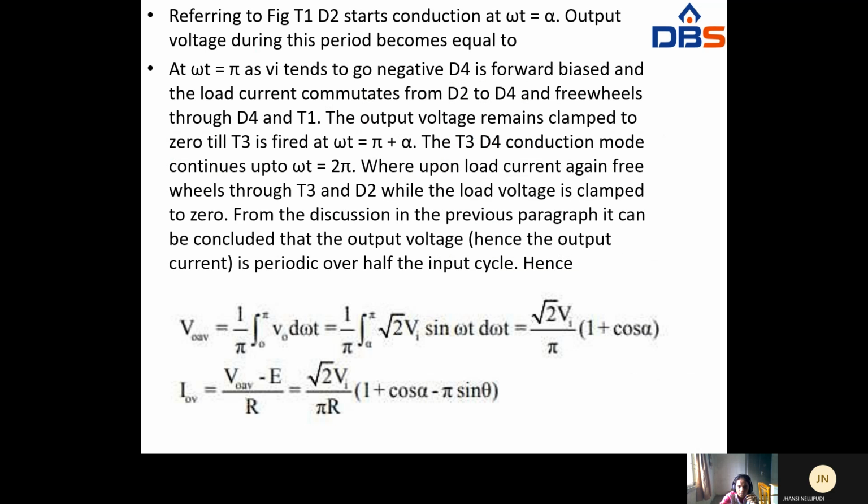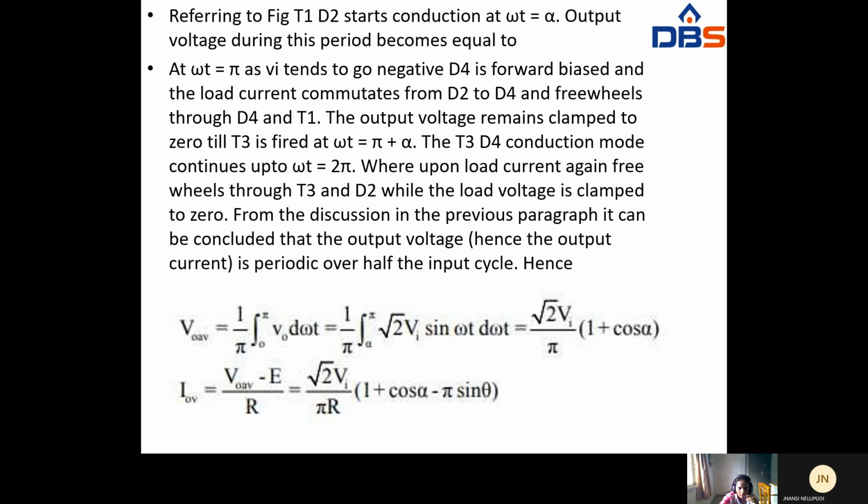Referring to the figure, T1 and D2 start conducting at omega t equal to alpha. At omega t equal to pi, as the input tends to negative, D4 is forward biased and the load current commutes from D2 to D4 and freewheels through D4 and D1.